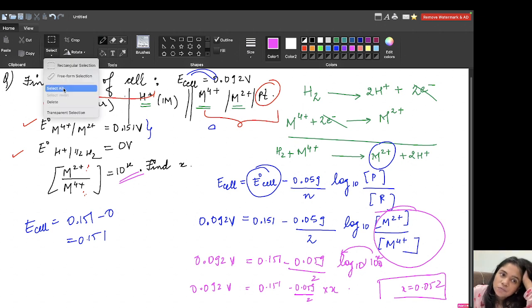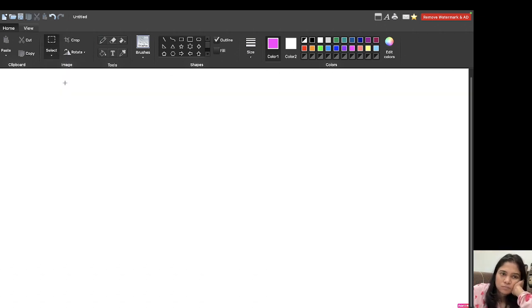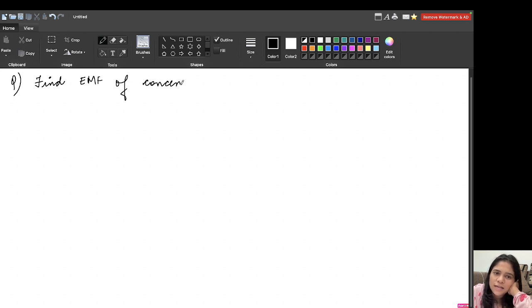One last question we'll be doing. The last question is, find the EMF of a concentration cell. Now what is a concentration cell? It means two same things here and there. Concentration cell at 25 degrees Celsius.